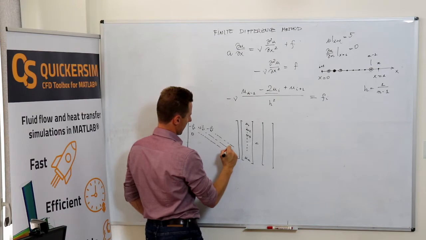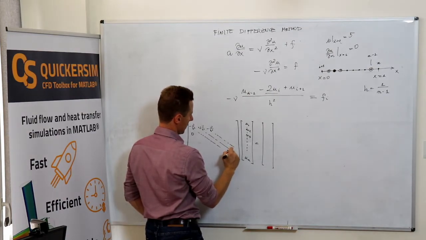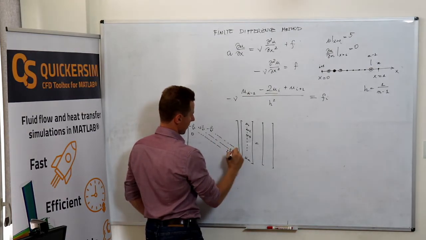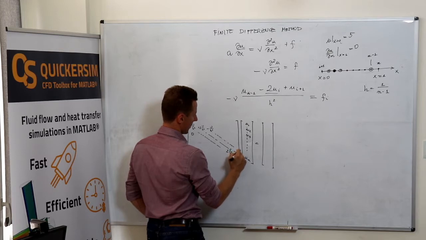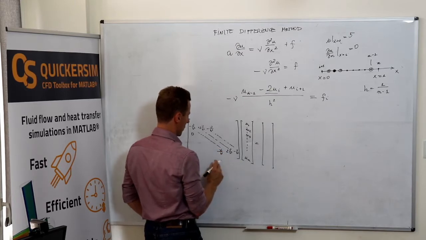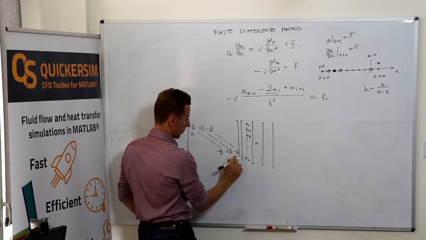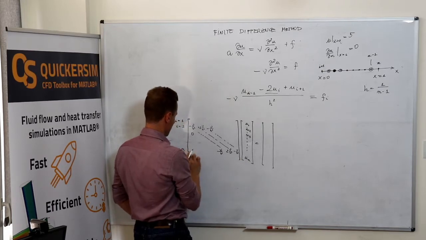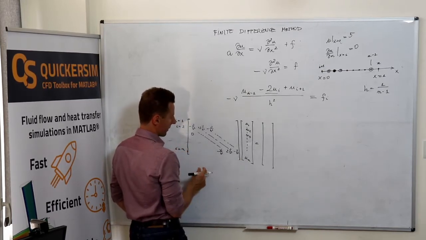So this one is again 2 ni over h squared, here minus ni divided by h squared, minus ni divided by h squared, and we finally arrived at the last nth equation.